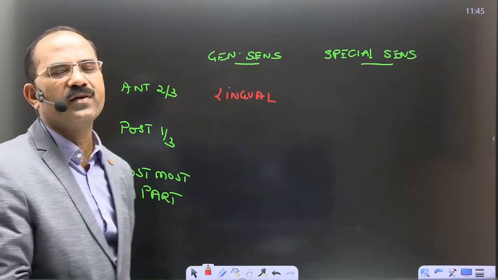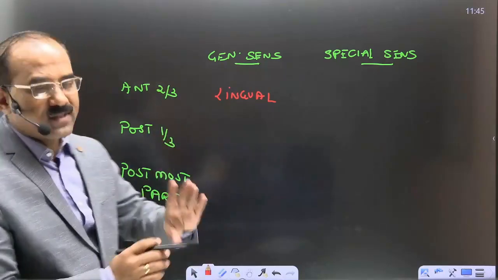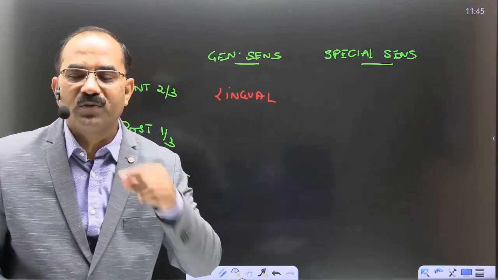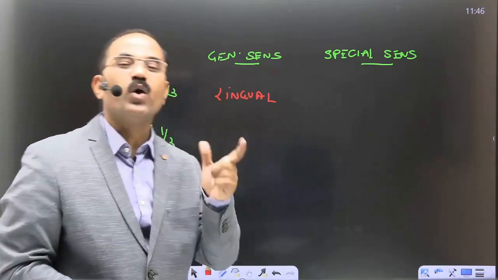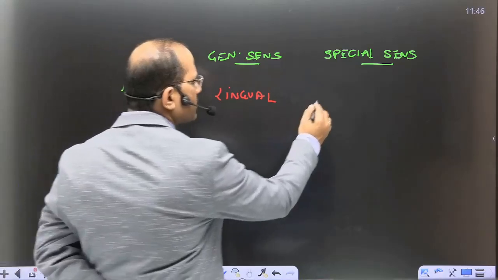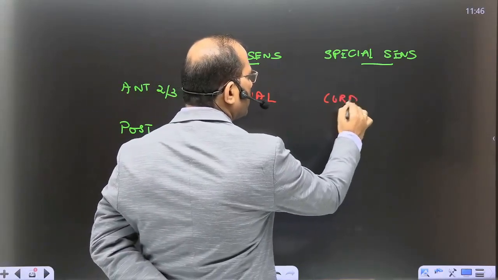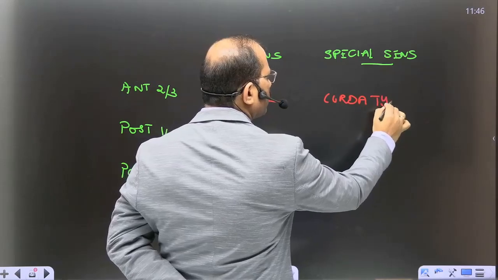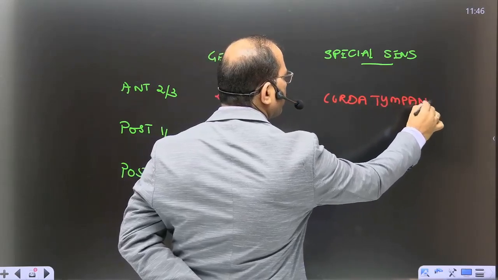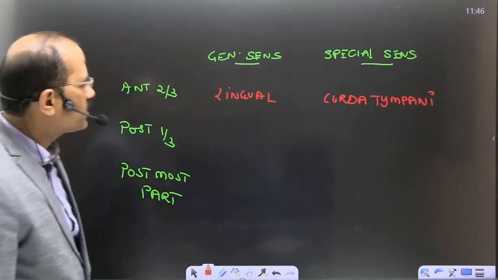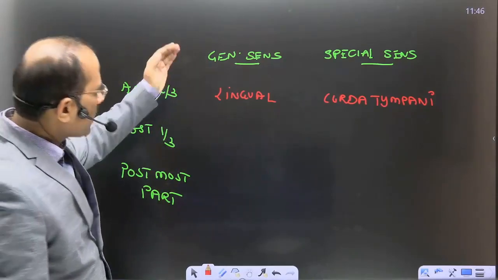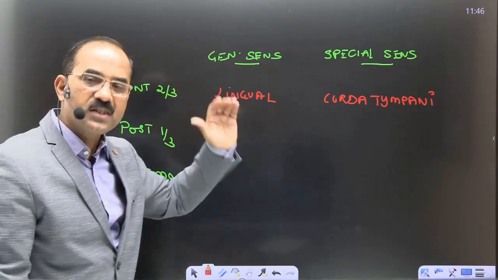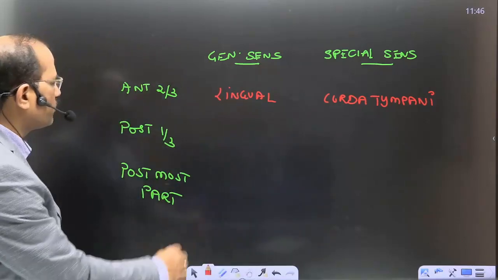That's the lingual nerve, and it was joined by a nerve. Which nerve was joining the lingual nerve? Chorda tympani. So special sensations are supplied by chorda tympani, which is a branch of the facial nerve. So anterior 2/3 general sensations, lingual. Special sensations, chorda tympani, branch of facial.